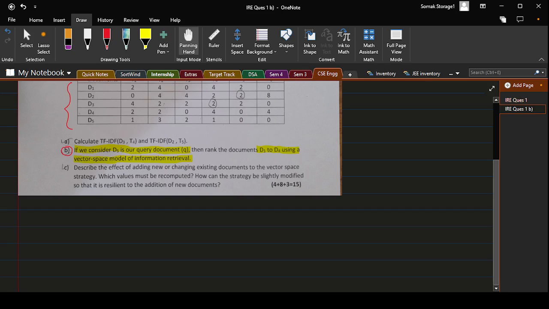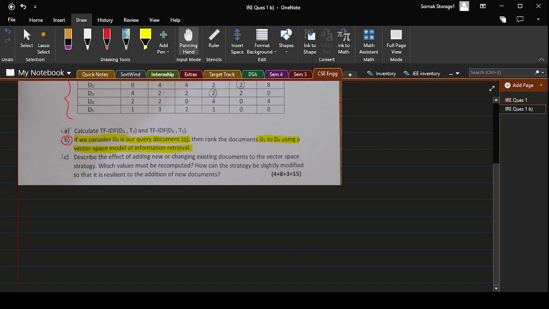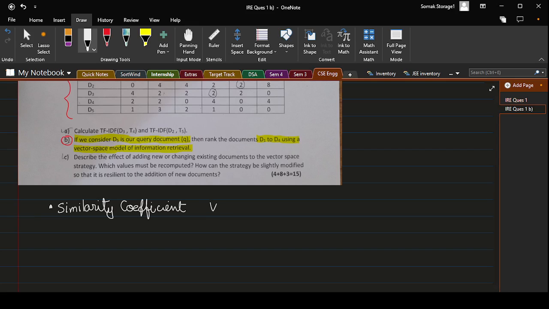Now there can be many methods, if you know the different methods, like the similarity coefficient, right? In that, what we need to do is take the vectors and divide by the modulus of the vectors, and then we find the similarity.